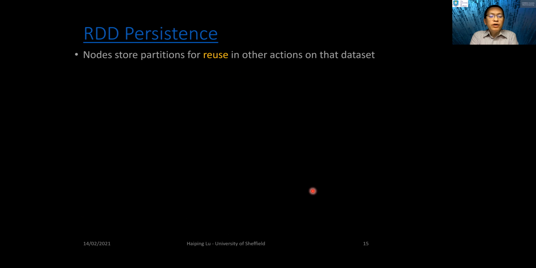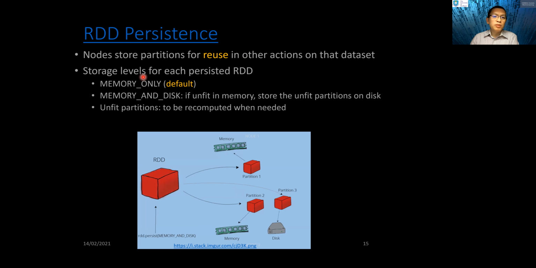In persistence, the storage level can be set by the user for each persisted RDD. The memory-only option is the default. That means we will only keep the data in main memory.